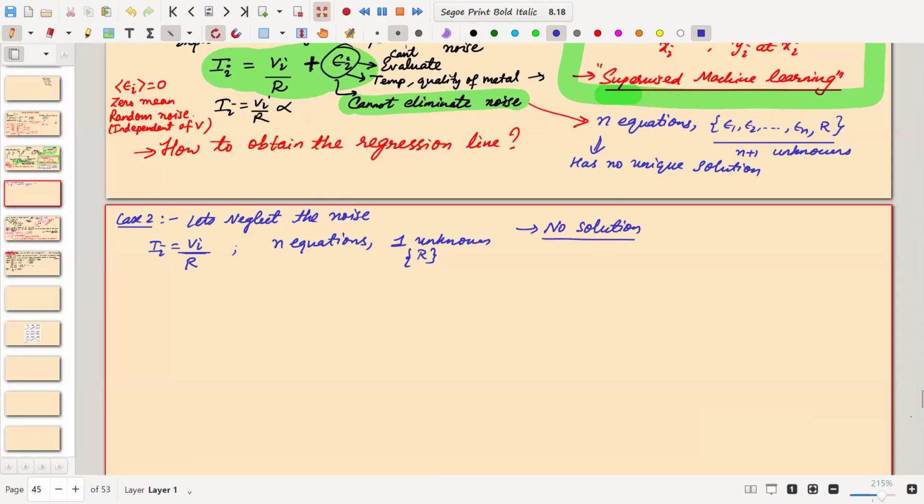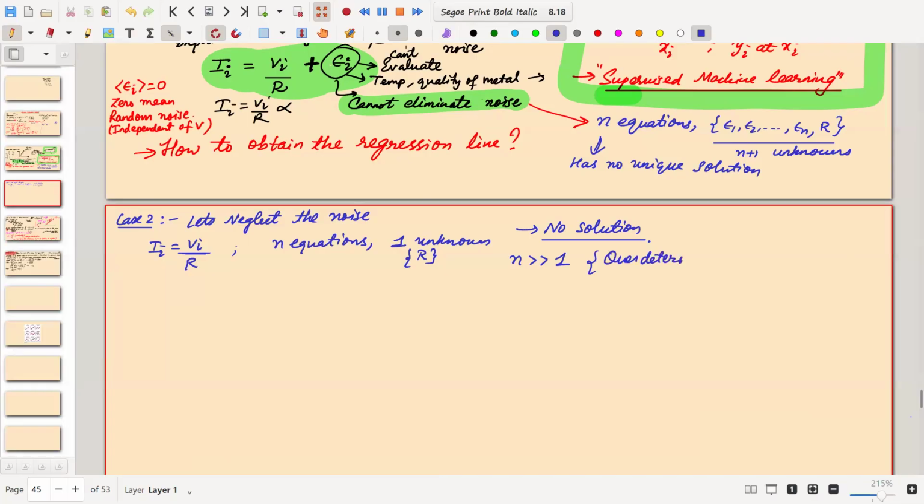And n is much bigger than one actually. N is the number of data points you usually consider, and the data set is always very big. So instead of n greater than 1, I have written n much greater than 1. I mean, n can be something like 500. So 500 just greater than 1 is not that interesting. So n much greater than 1 is actually an over-determined system.